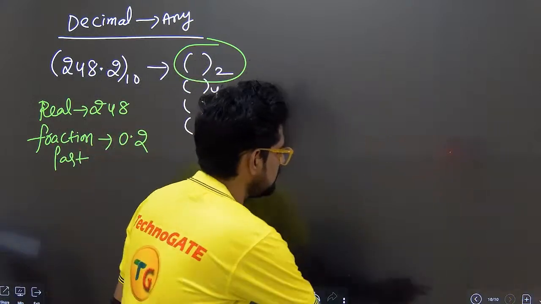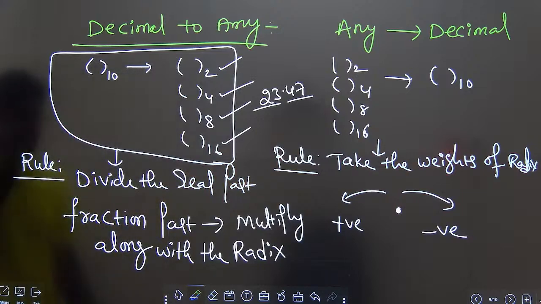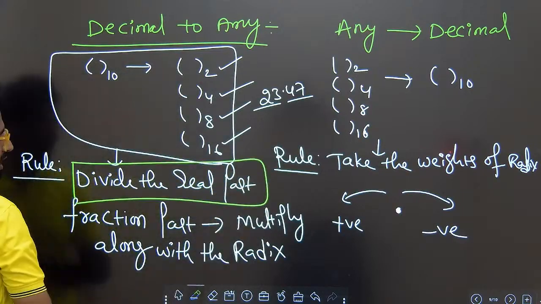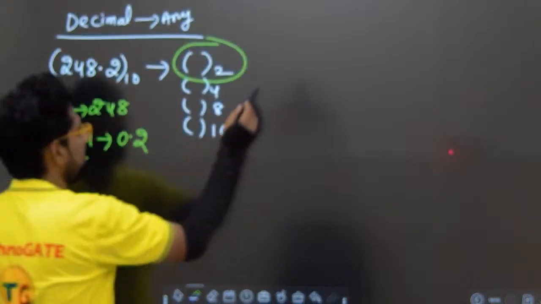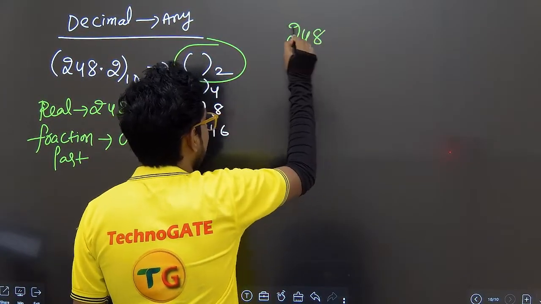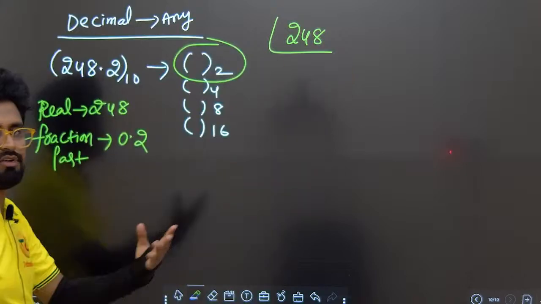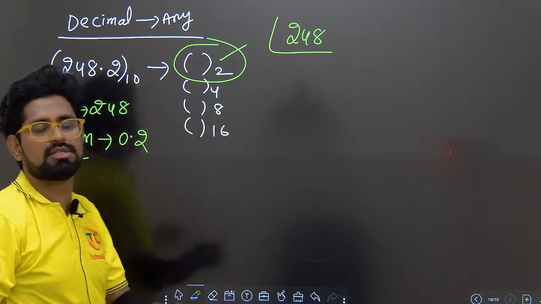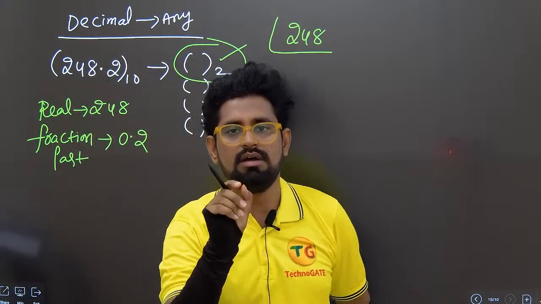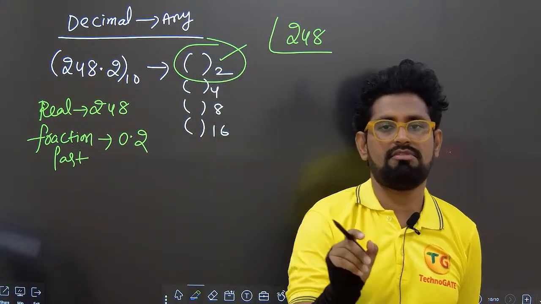Then come to the rule. I said divide the real part along with the radix. The real part is 248, so for this 248 I am dividing along with the radix. I want to convert into base 2, so in this video the example is for base 2.